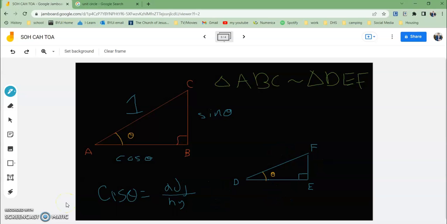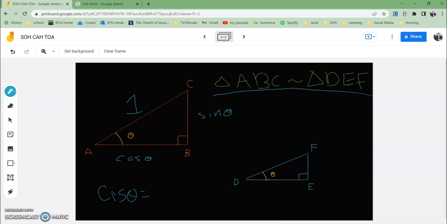But where does that actually come from? I thought the definition was this whole other thing, and that's what it is. So let's think of it like this. Remember how I said before that these two are similar triangles? That means they should have the same angles, and the ratios of the side lengths should be equal.